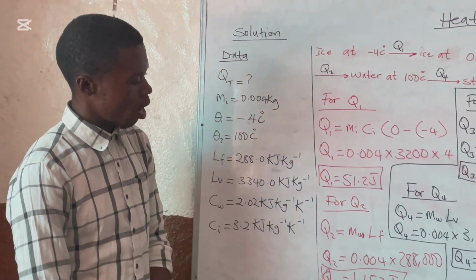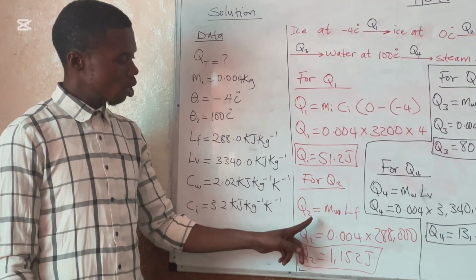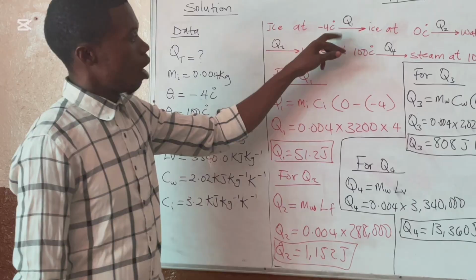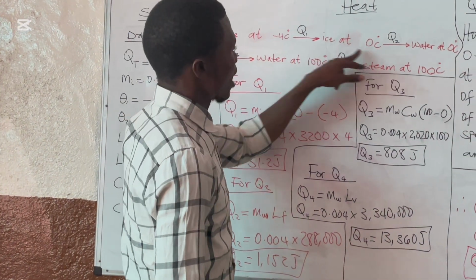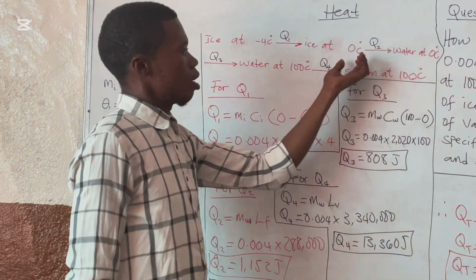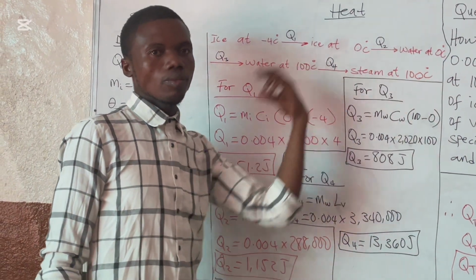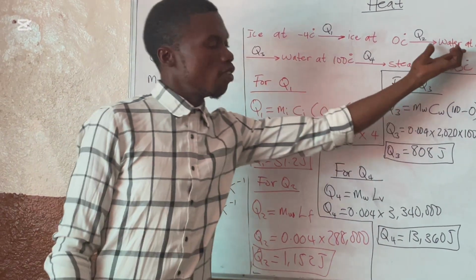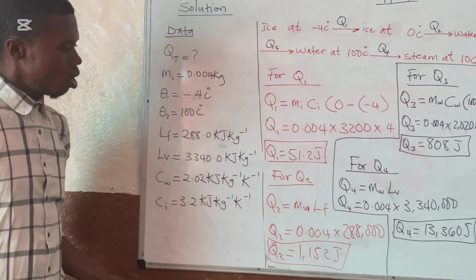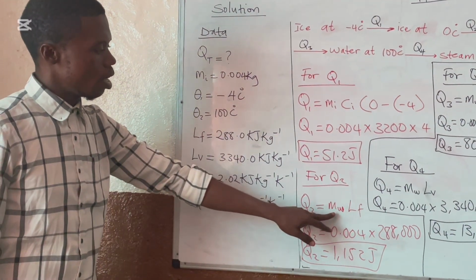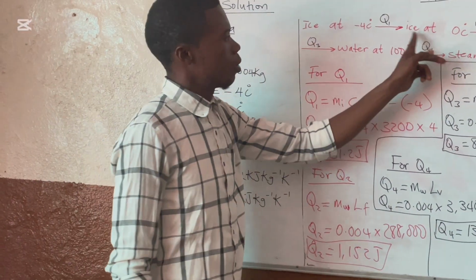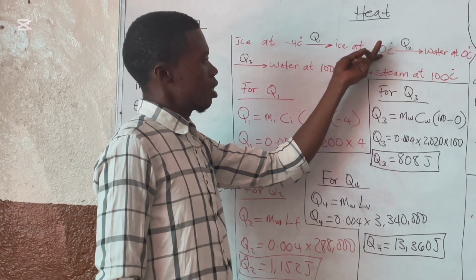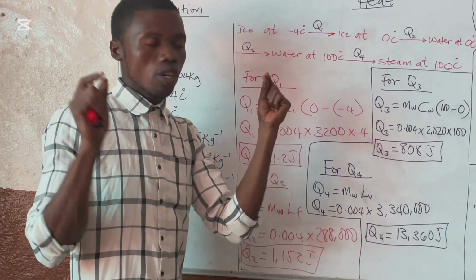Then we quickly look at Q2. Now we are converting ice at 0 degrees to water at 0 degrees, so the temperature is the same. So the latent heat involved is latent heat of fusion. So the mass of the water, how do we get the mass of the water? When ice melts, the ice is 0.004 kilogram.